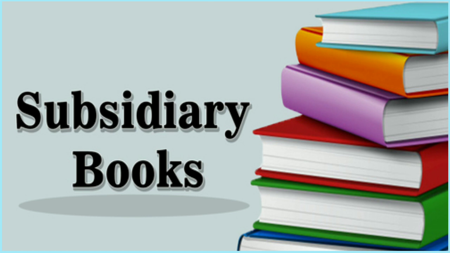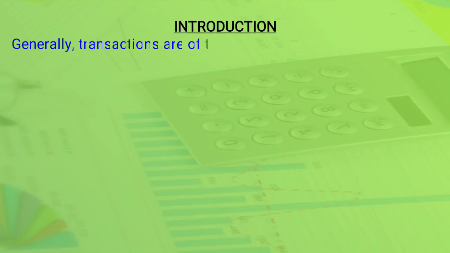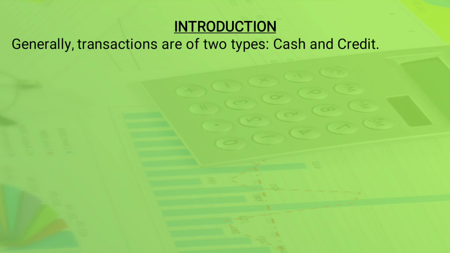Before understanding the concept of subsidiary books, we have to understand the different ways of recording transactions. If we are talking about a business or organization, transactions can be of two types: cash transactions or credit transactions.